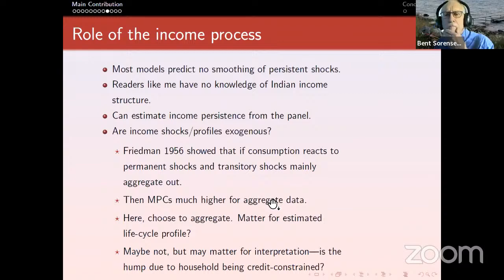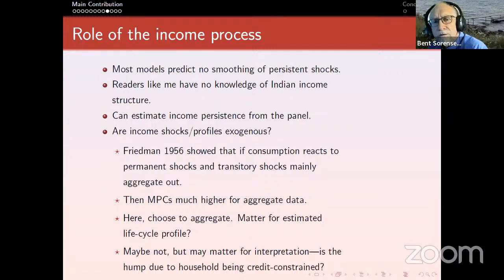So an important thing underlying any rational expectations consumer model is the income process. Most models would predict, both the buffer stock model and the PIH are not different in that respect, that persistent shocks, random walks literally, are not smoothed at all.